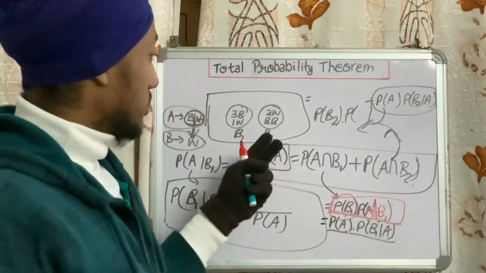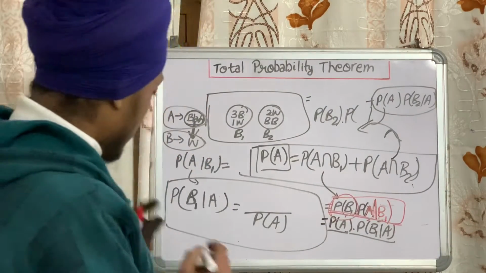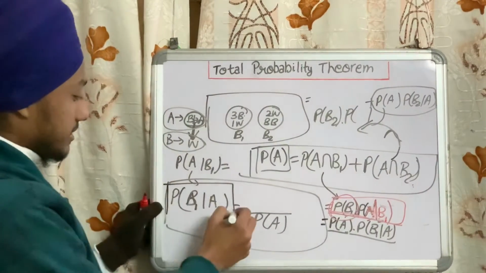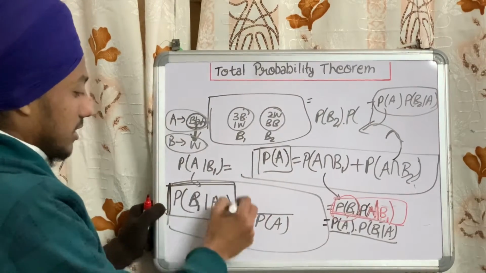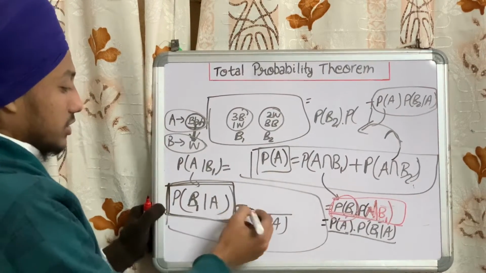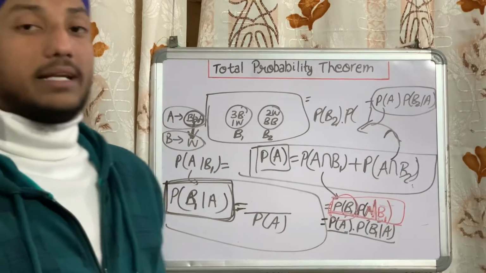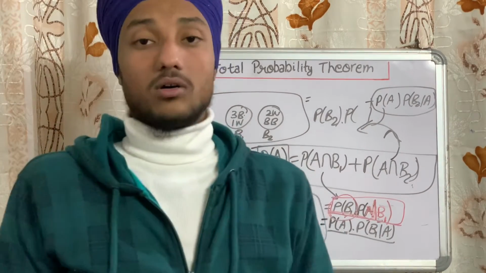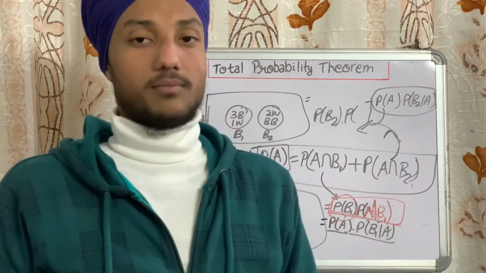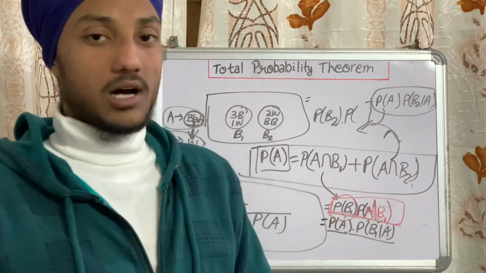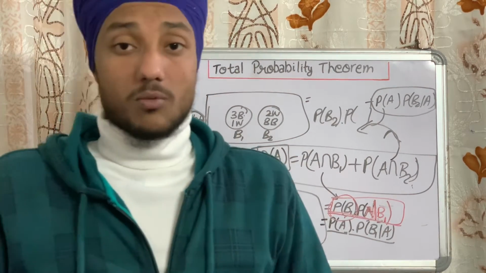So which bag? In the next lecture we are going to find the reverse process of the conditional theorem. If we have drawn the black ball, what's the probability it's from bag 1, or from bag number 2? That's how we use our total probability theorem.